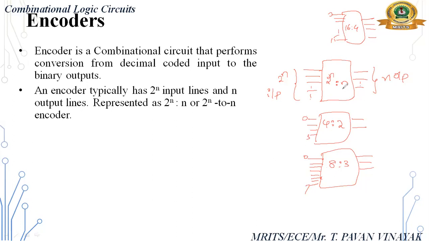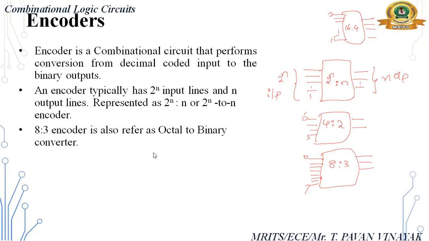So an encoder converts decimal input into binary output. In general, an 8 is to 3 encoder is also known as octal to binary conversion, because we have 8 inputs. Whenever input 0 is 1, we get output 0 0 0.